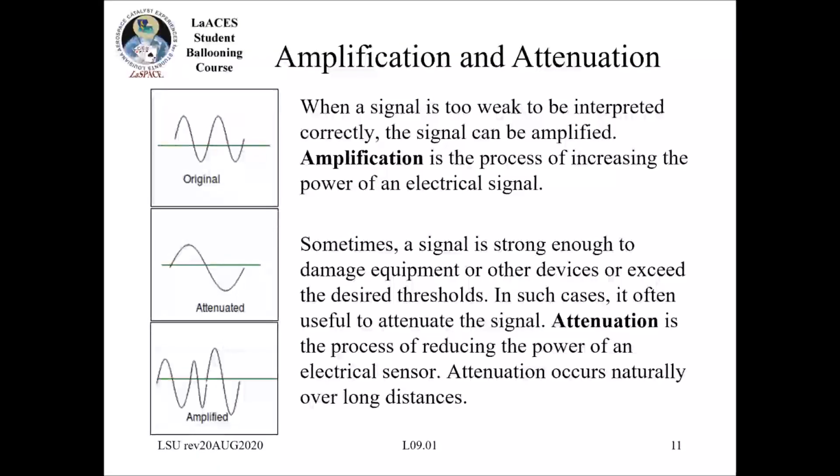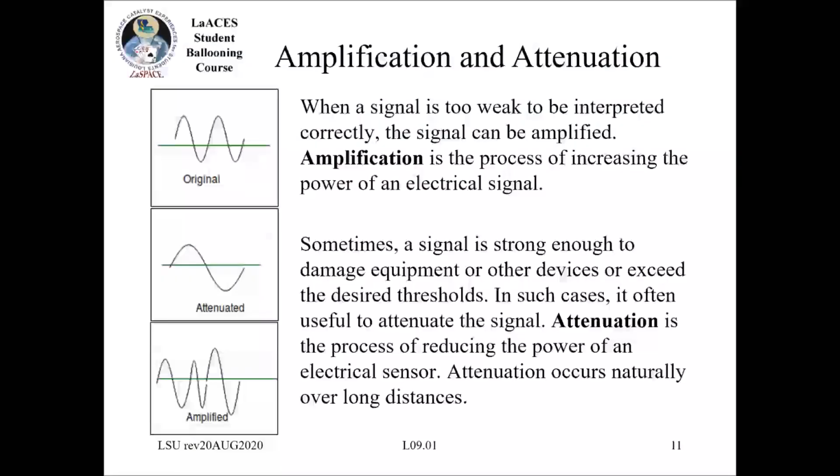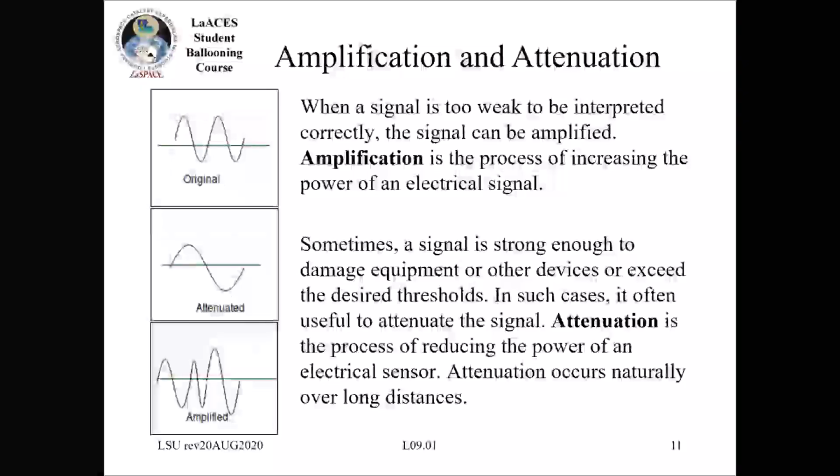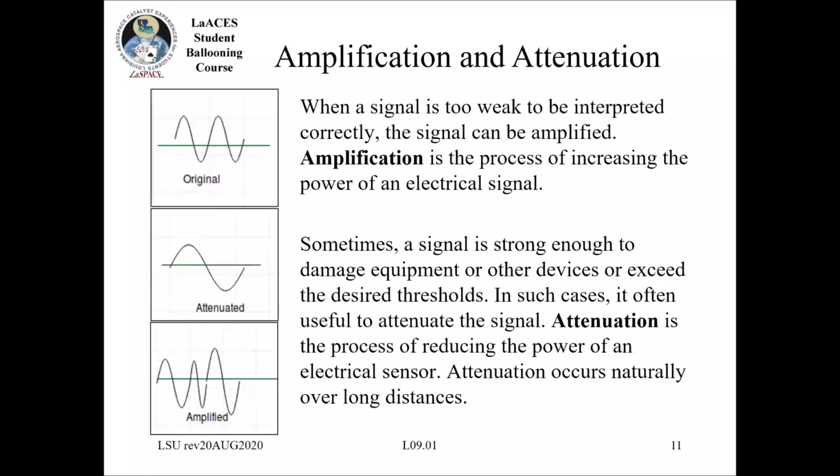Let's take, for example, a mile-long wire and you're trying to transmit an electric signal across it. You're going to have a lot of attenuation across that mile of wire. You might think that's unrealistic, but they actually do have mile-long wires.